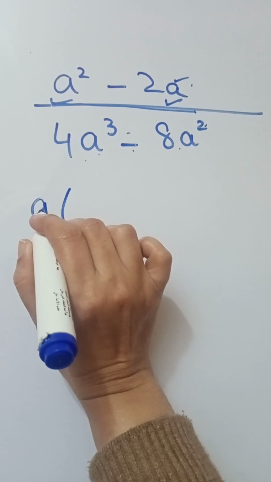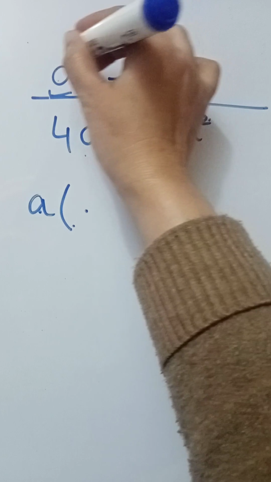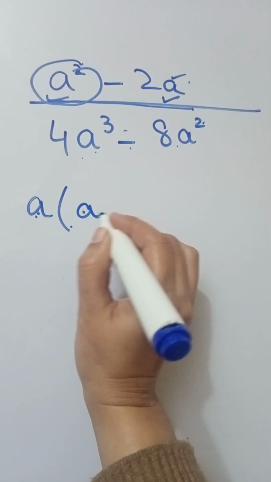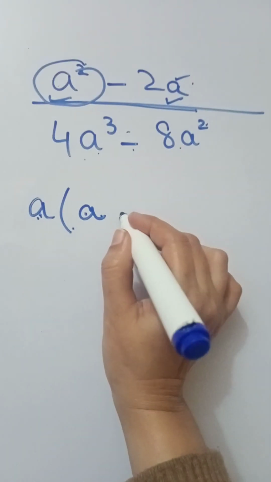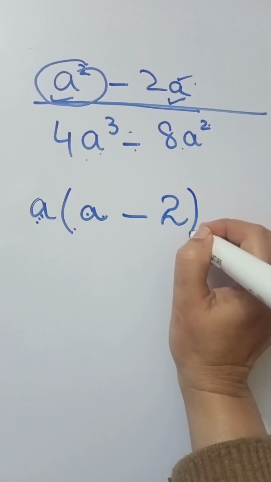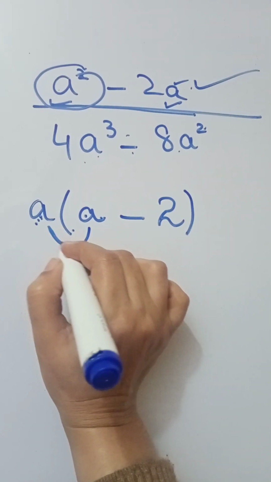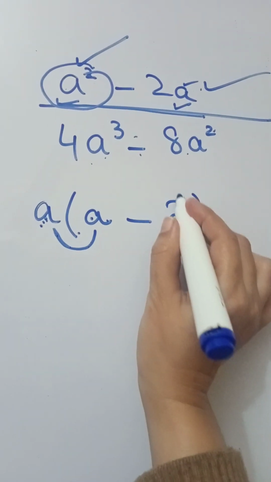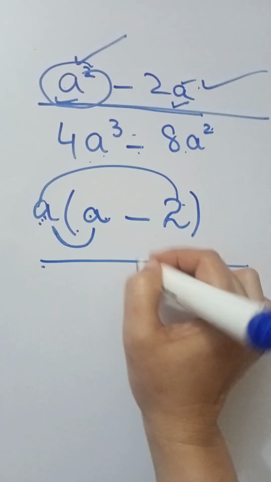And then we multiply this a by a term to get a square. If we multiply a by a, then if we multiply 2 by a, it becomes 2a. That means the product of these two must be equal to that one. So now we are getting these terms.